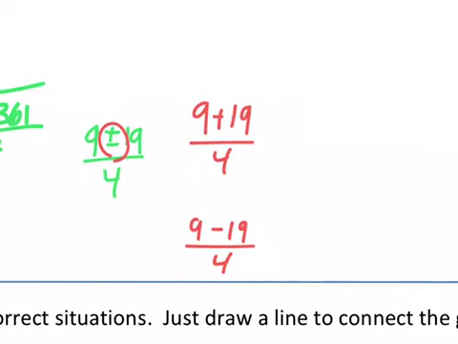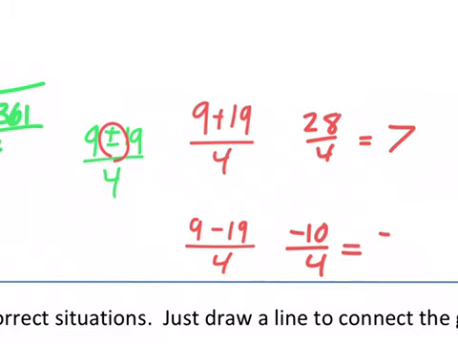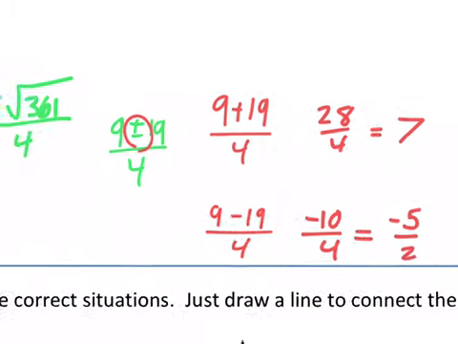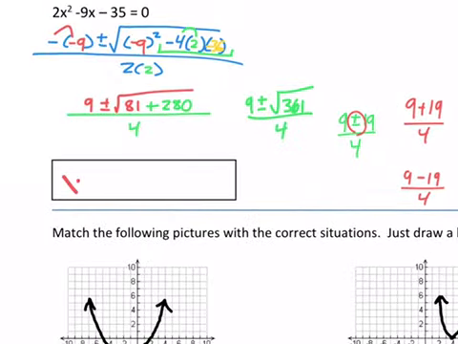Do the numerators first. 28 over 4 gives us a 7. This is negative 10 over 4, which will simplify to a negative 5 over 2. Those are our two answers. We have x is equal to 7, and x is equal to a negative 5 over 2.